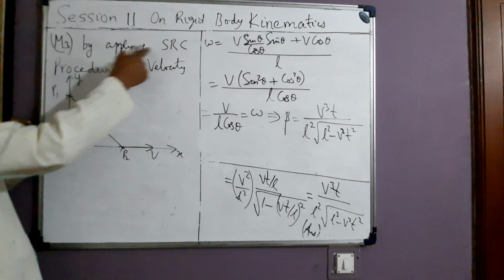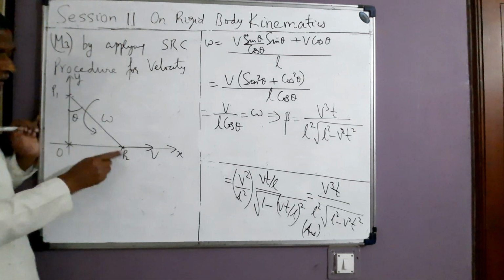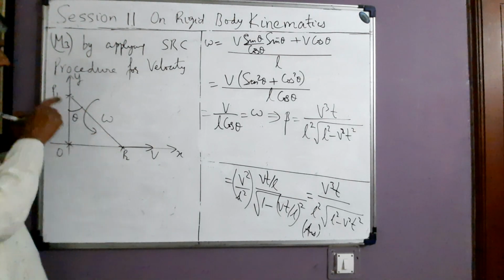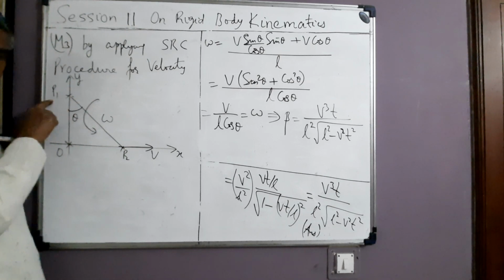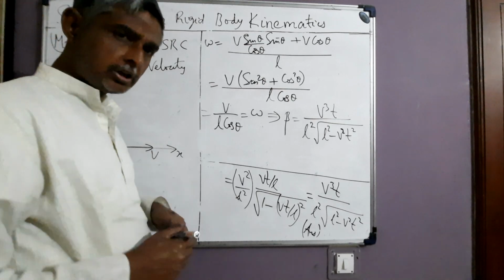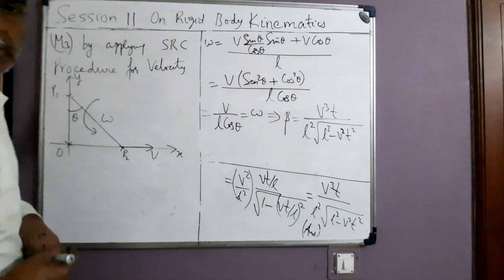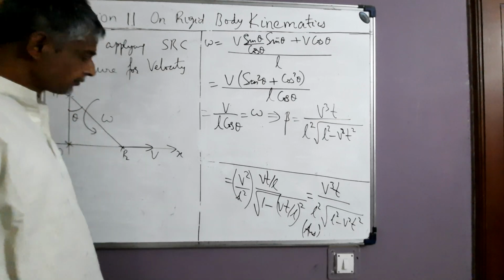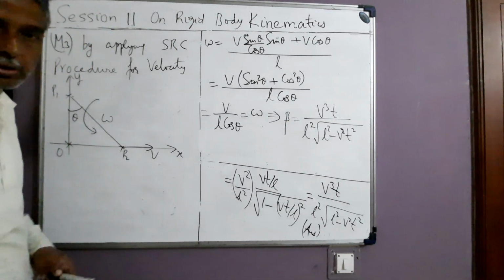Now, in applying the SRC procedure, we have two options. We apply SRC between P1 and P2. We either select P2 and take P1 as the other point, or we take P1 as the selected point and P2 as the other point. We can do either one. So I apply SRC between P2 and P1 and take P2 as the selected point.